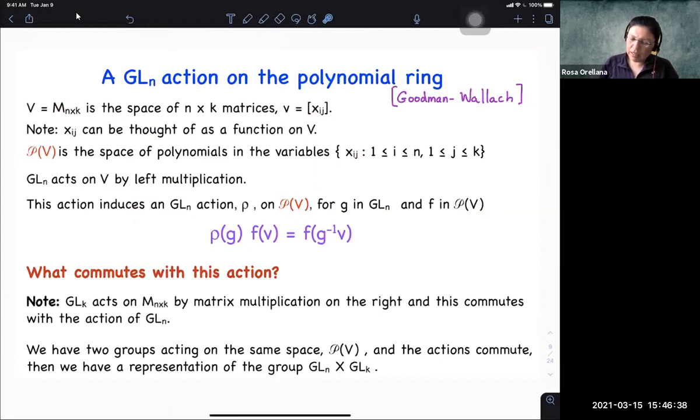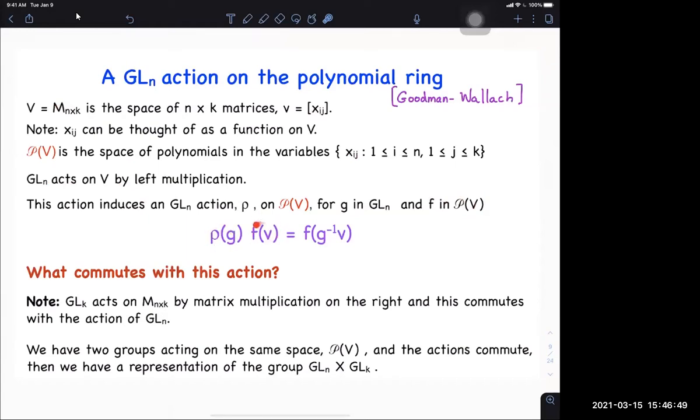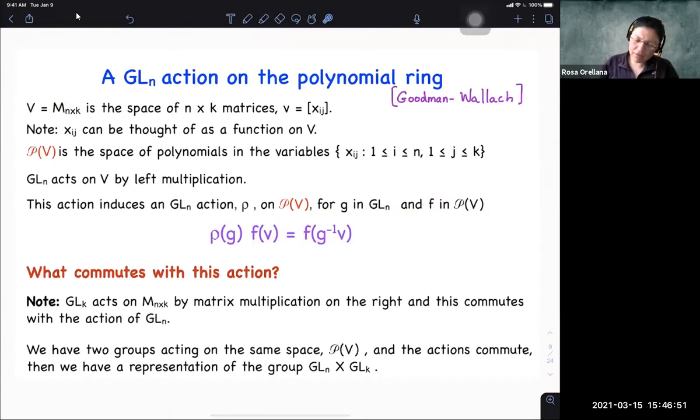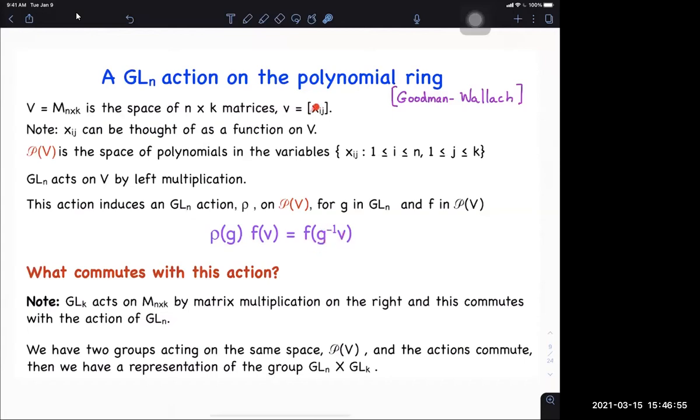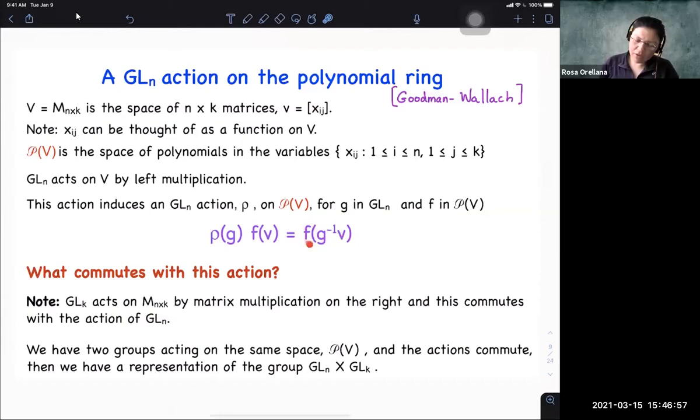If you give me a matrix in GLN and a polynomial, the action, rho, on the polynomial f is given by multiplying by the inverse of the matrix, and whatever you get becomes some new variables in the polynomial.